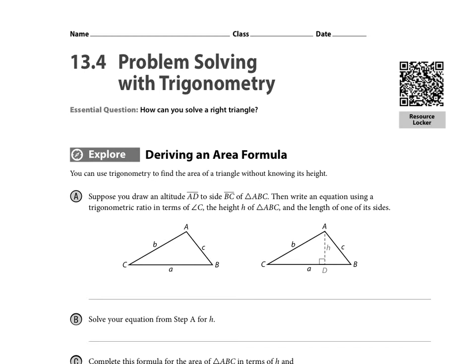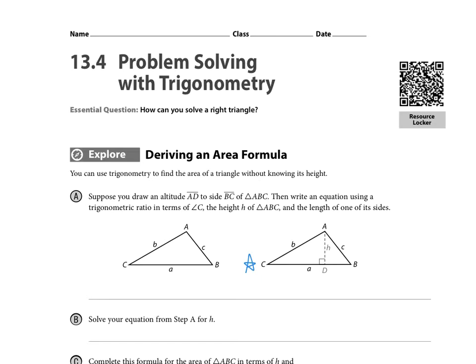So the first thing that we're going to do is, even though we don't have one, we're going to draw in that altitude h, okay? And then we're going to write an equation using a trig ratio in terms of, and this particular time they're putting us at angle C as a reference angle, angle C, the height of ABC, and the length of one of its sides.